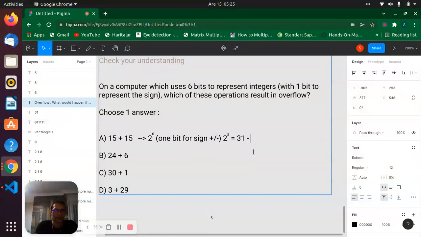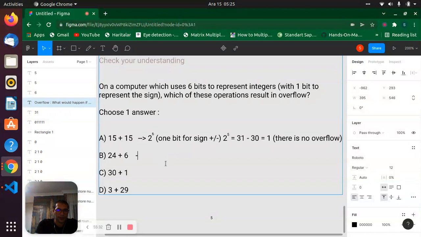We say 31 minus 30 equals 1. So there is no overflow. Still we have one decimal number to represent, so we still have room.